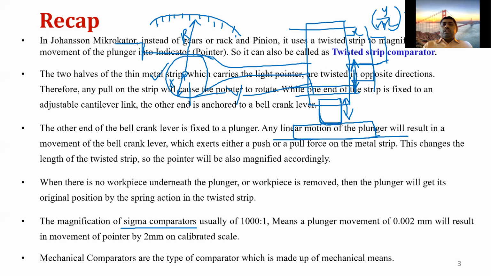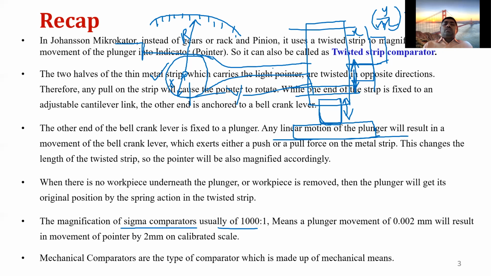The x value can be increased or decreased by screwing or unscrewing the attachment screw. So we can obtain the magnification in the Sigma comparator as 1000 times the movement of the plunger.